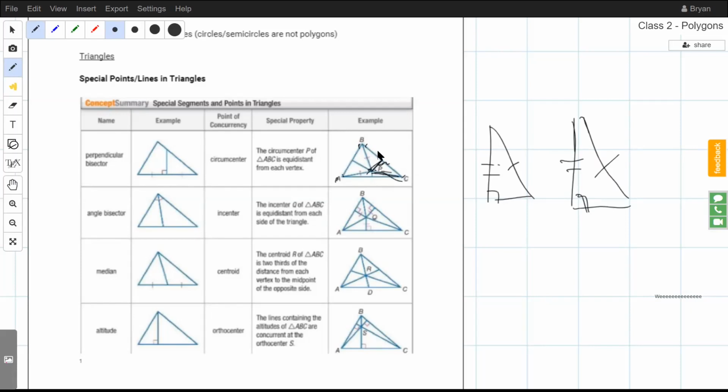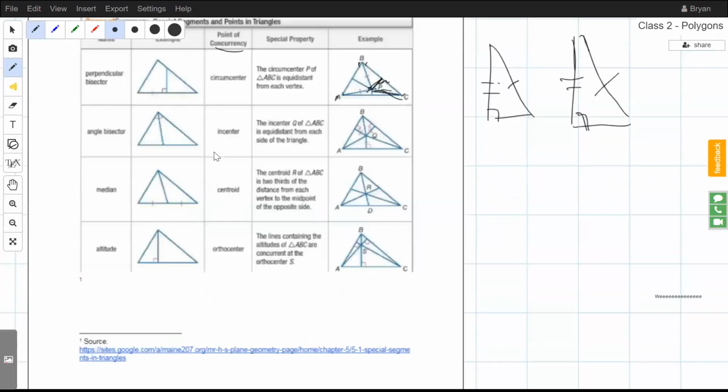So from that, we can tell that the perpendicular from the circumcenter will bisect the side, and this will apply for each side. This is why the point of concurrency, which is where they intersect, is the circumcenter, and it's pretty easy to show that they all go through the same point.